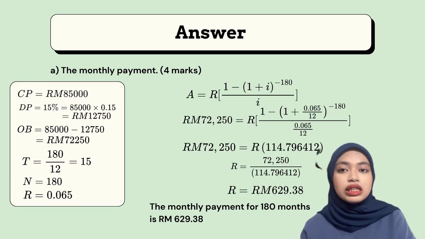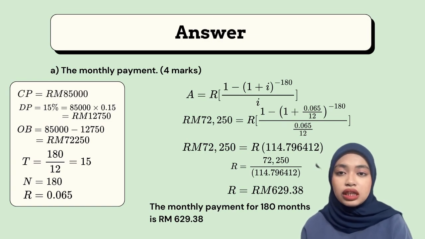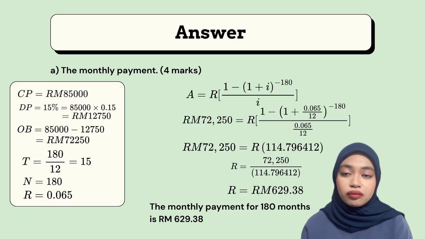First, we calculate the down payment. 50% of 85,000 ringgit equals 42,500 ringgit. So the loan amount is 72,250. Since the interest is compounded monthly, we convert the annual rate to a monthly rate.